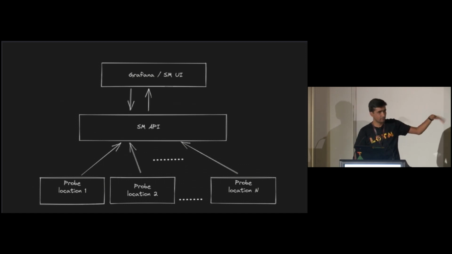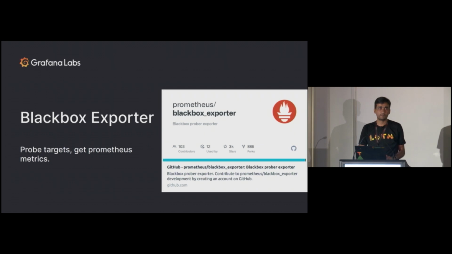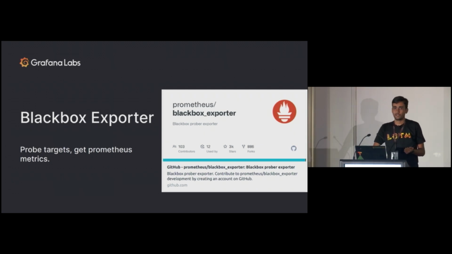So this is a brief architecture of the product. And then Blackbox Exporter, right? I talked about probes, and these probes are doing different types of checks. Blackbox Exporter is a popular open source system in the Prometheus ecosystem. You can use that to have these checks.